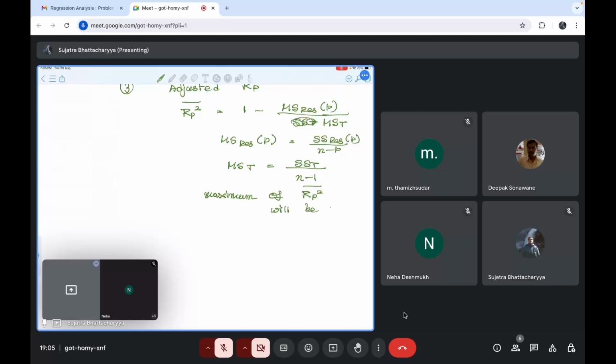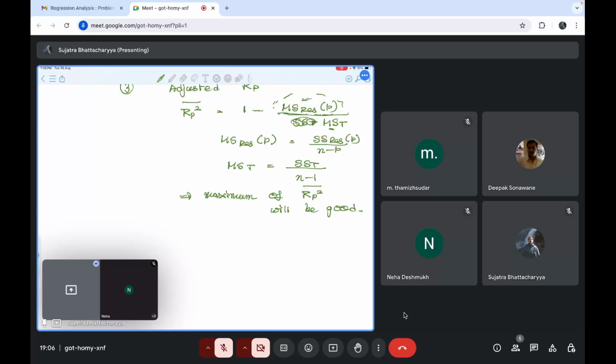Why? Because look into the expression of adjusted RP square. I have told you that if MS residual is small, that means the error is small, which means it's a good model. So if the error is small, this quantity is small, and MST is supposedly fixed because ultimately SST is fixed, right?